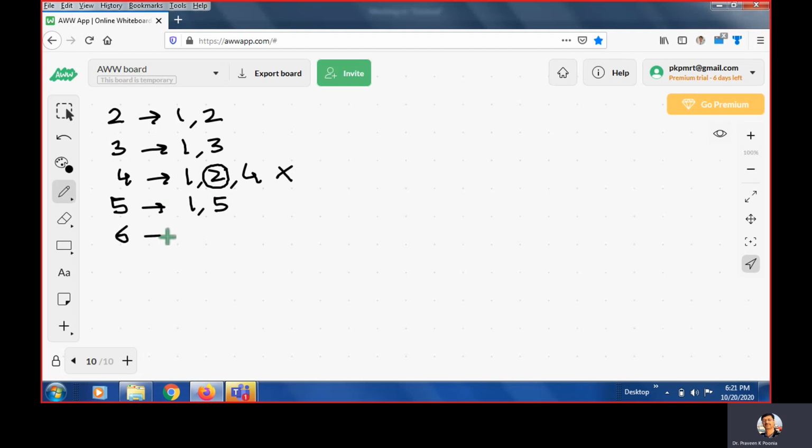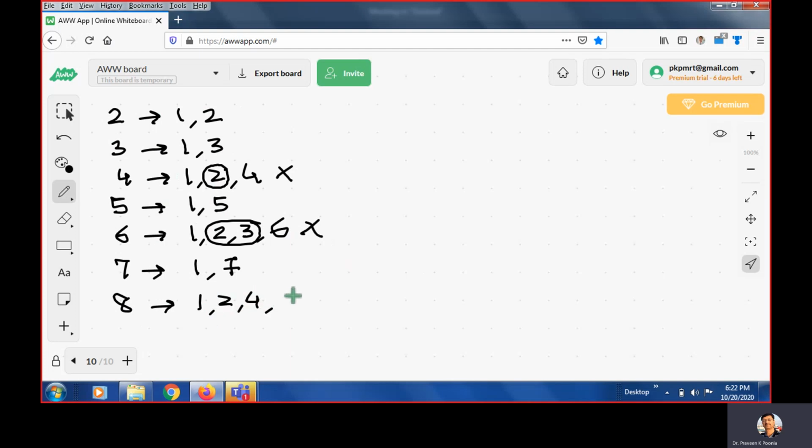If you go with 6, let us look: 1, 2, 3 and 6. So look here, there are 2 proper factors available. So 6 is not a prime number. Check 7: 1 and 7 only. Check 8: 1, 2, 4 and 8. So 2 and 4 are proper factors. So 8 is not a prime number.